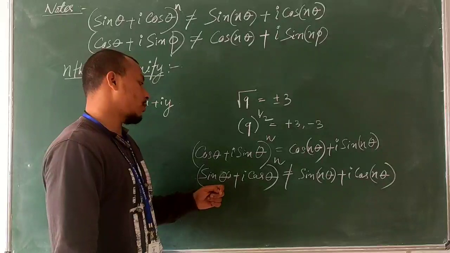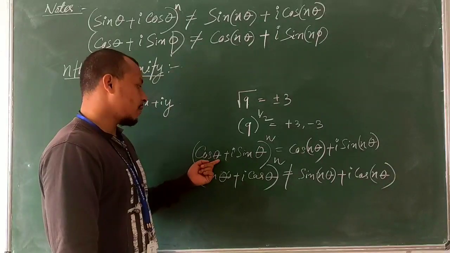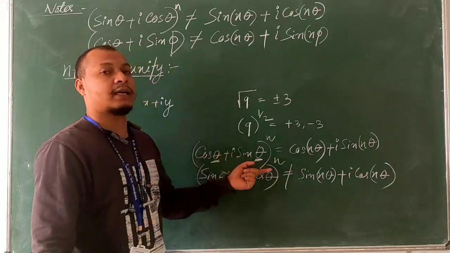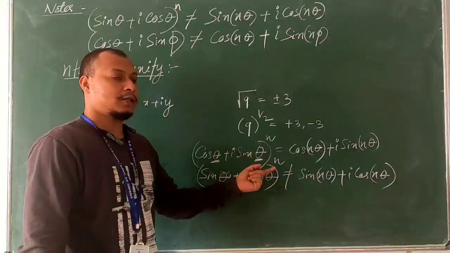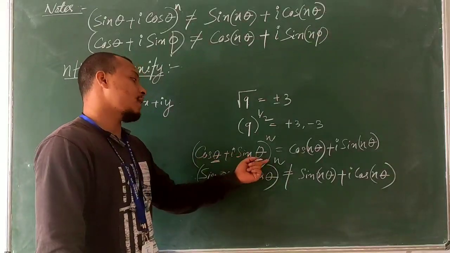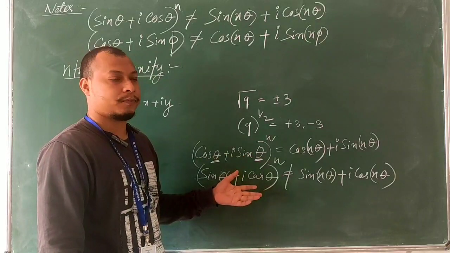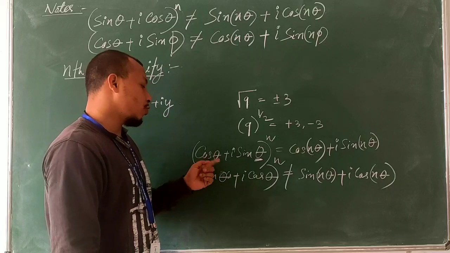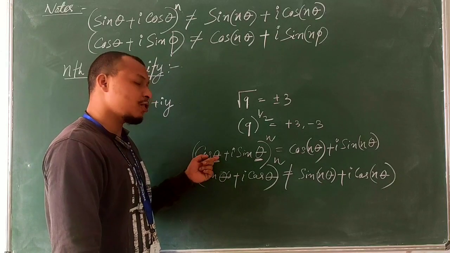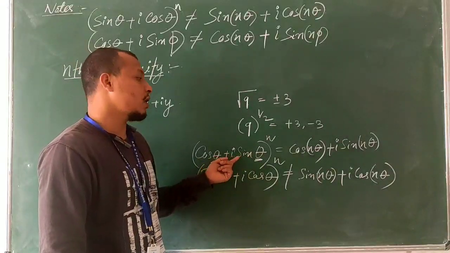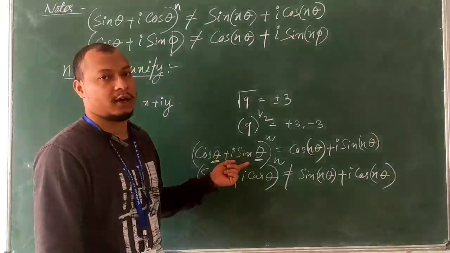Our important thing is cos theta plus i sin theta. It means the angle must be theta and theta. If it is two different angles, say one is pi by 2, then we cannot apply de Moivre's theorem either. We have to remember that this theta must be the same for both sine and cosine, then only can we apply de Moivre's theorem, otherwise we cannot.